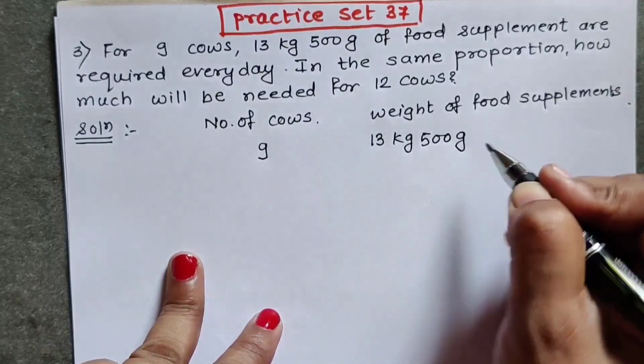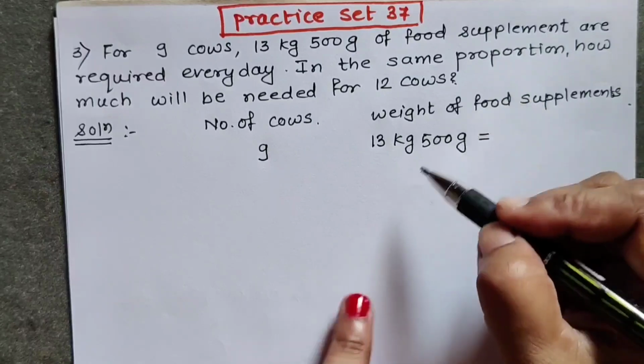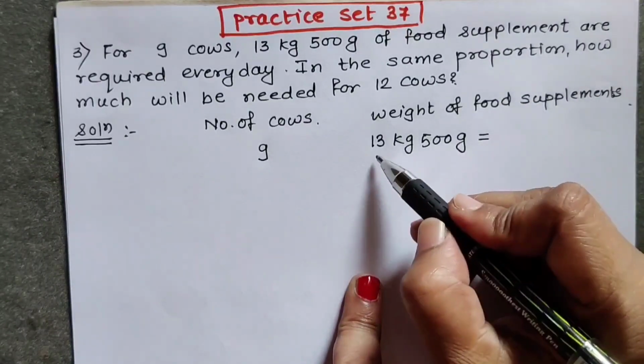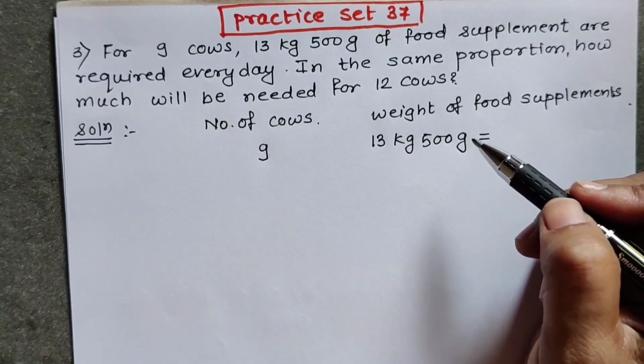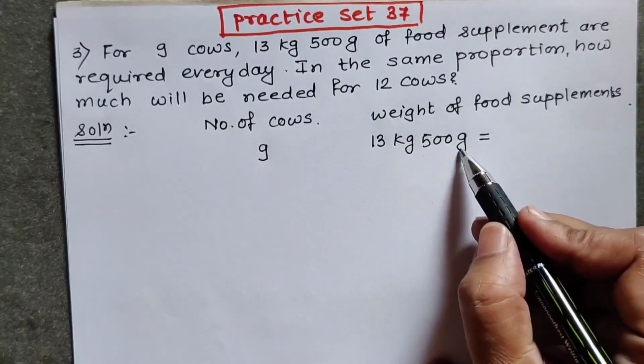We will convert it totally into gram because it is in kilogram and gram. We all know 1 kg is 1000 grams, so 13 kg means 13,000 gram plus this 500 gram.